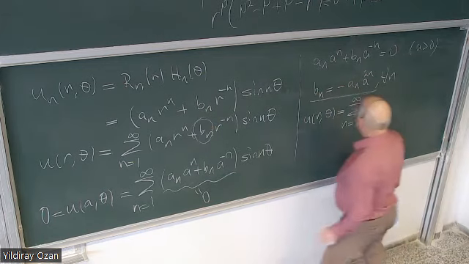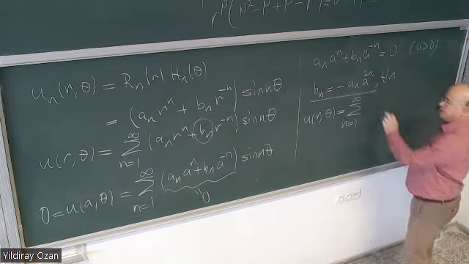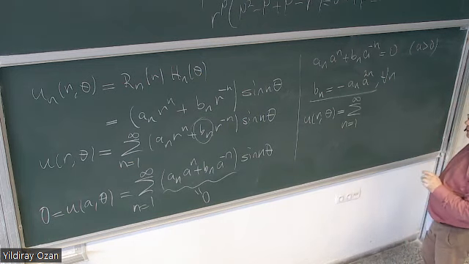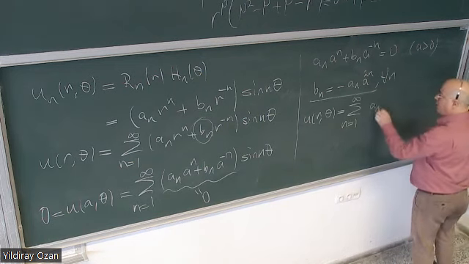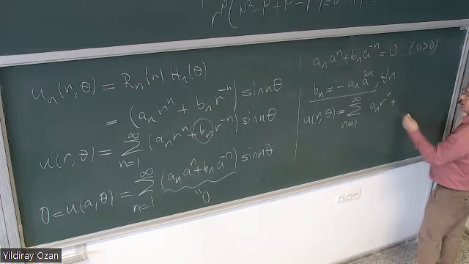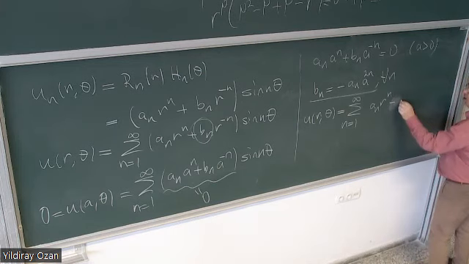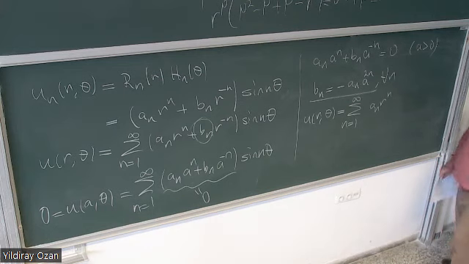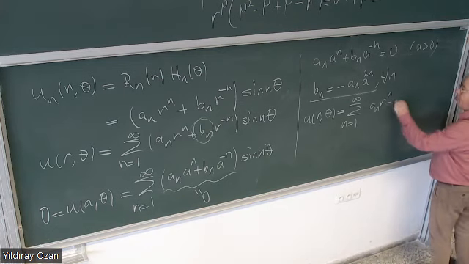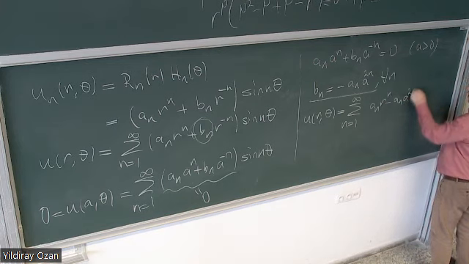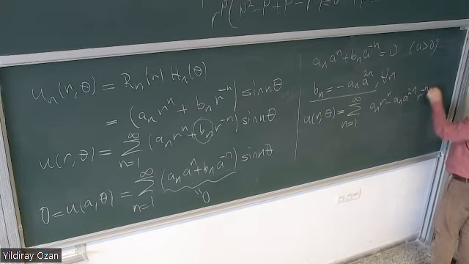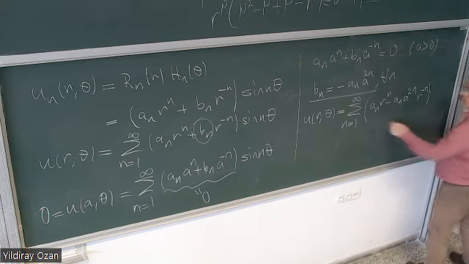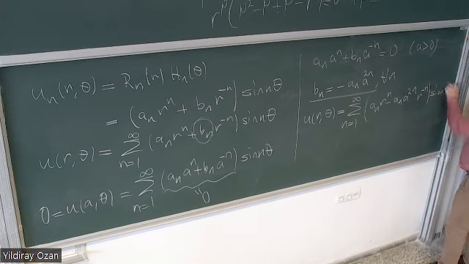Bn is just this gadget. So it is what? An r to the power n plus, well, that becomes minus an a to the power 2n r to the power minus n and sine n theta. Okay.